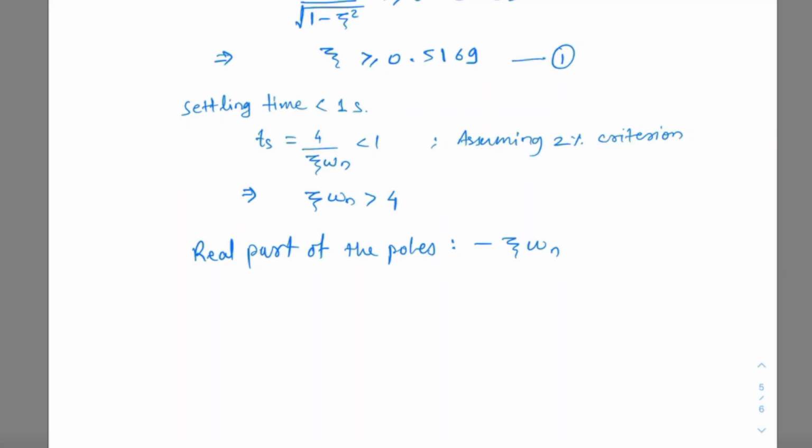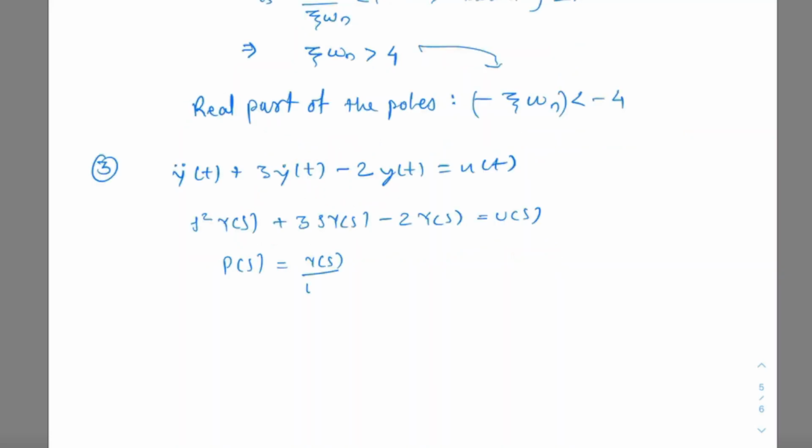So if we take Laplace transform with 0 initial conditions, we get s square Y of s plus 3 into s Y of s minus 2 into Y of s equals U of s. So our plant transfer function P of s, Y of s over U of s, becomes 1 over s square plus 3s minus 2.